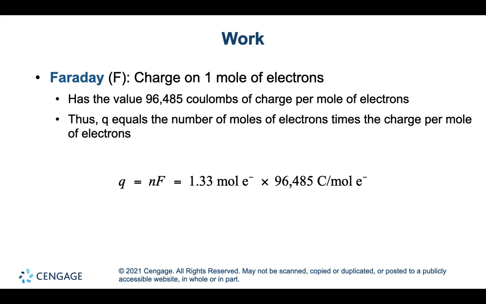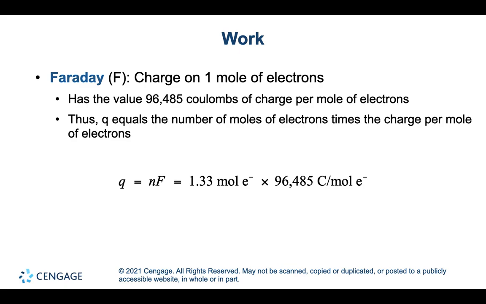So 96,485 coulombs for physicists is the same as a mole of electrons for chemists. So Q, the amount of charge, is the number of moles times 96,485. If you had 1.33 moles of electrons, you would multiply that by 96,485 coulombs per mole to convert to coulombs.